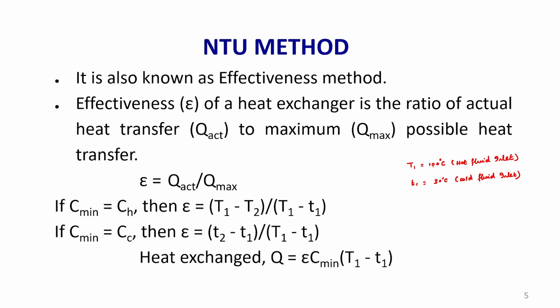So, for the maximum possible heat transfer, I can cool the hot fluid only up to the inlet temperature of the cold fluid. That means, in this example, I can cool the hot fluid from 100 up to 30, not below 30. Similarly, the cold fluid can be heated from 30 to a maximum temperature of 100.